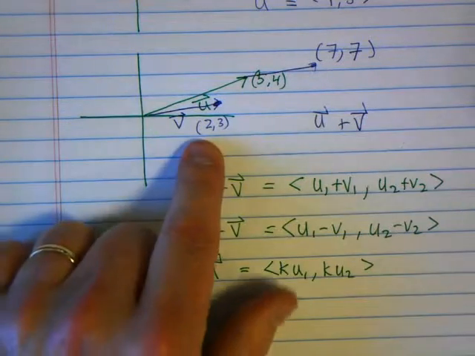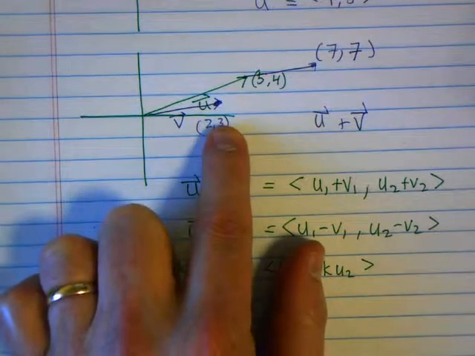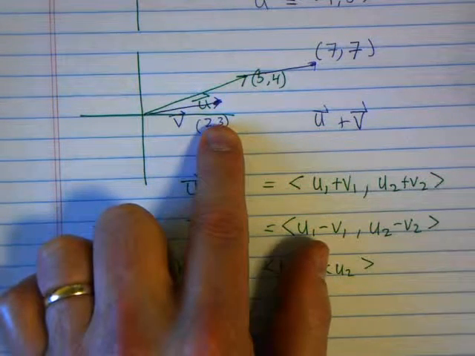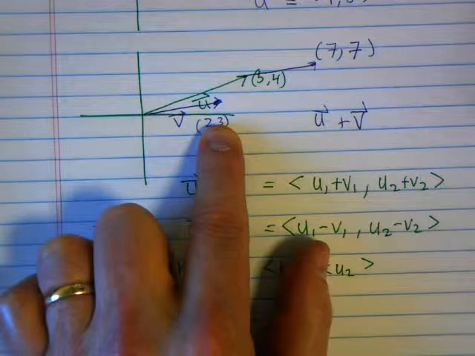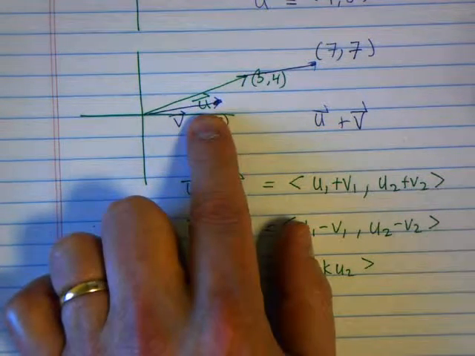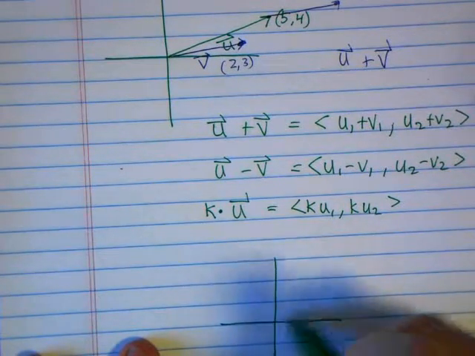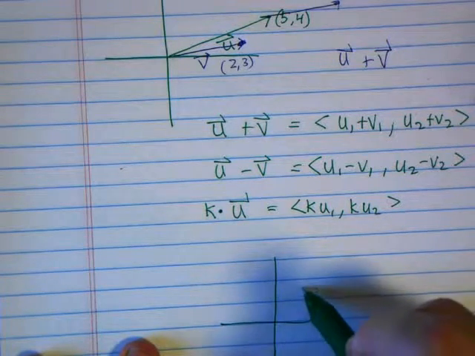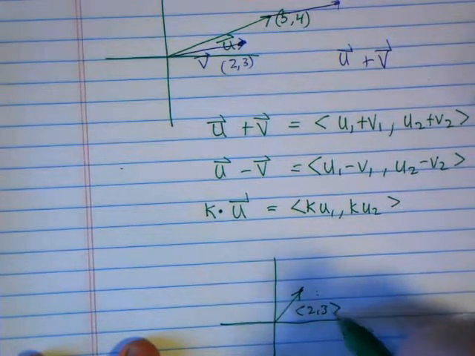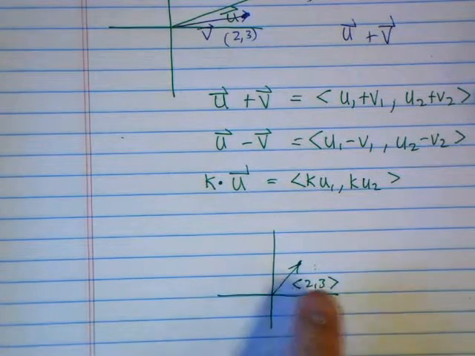And what would that do? If I took the vector 2, 3 and multiplied each of these by 5, geometrically, what would that vector look like? If I start with the vector 2, 3 and I multiply that by 5, I would have 10 comma 15.